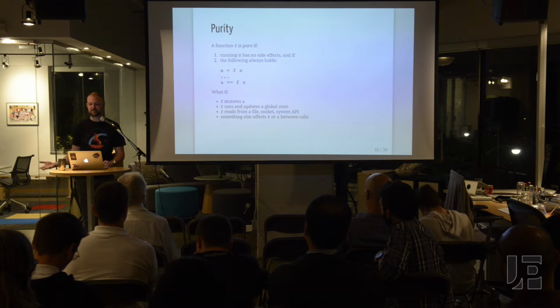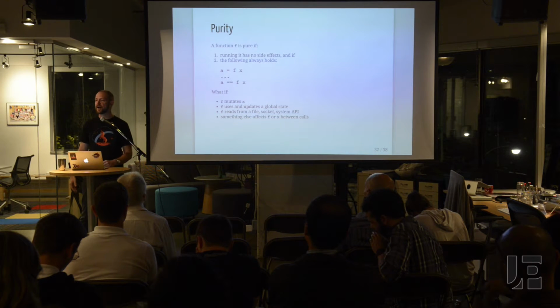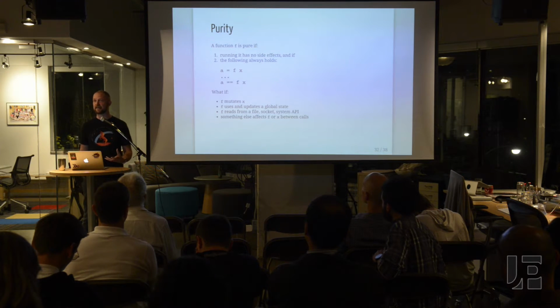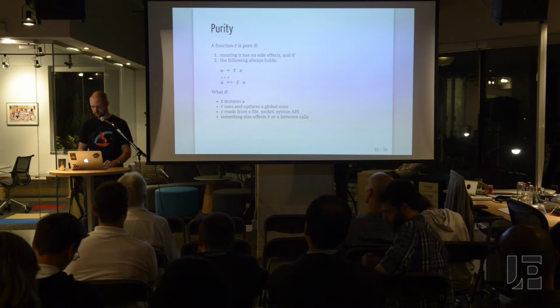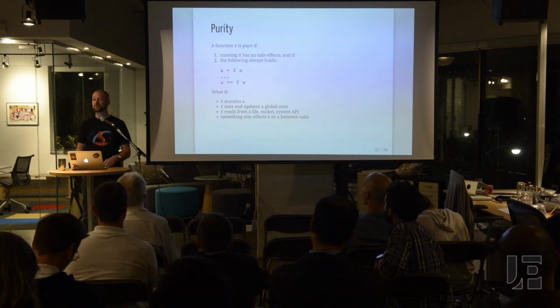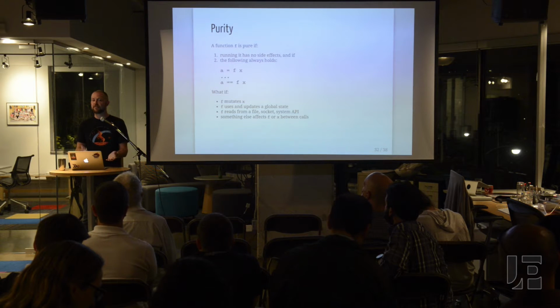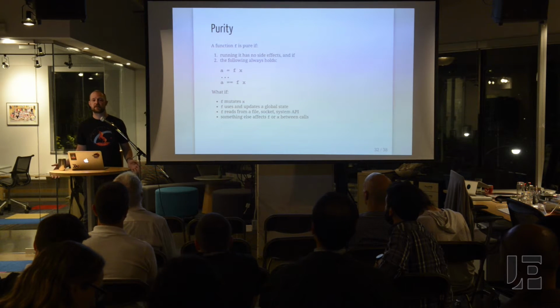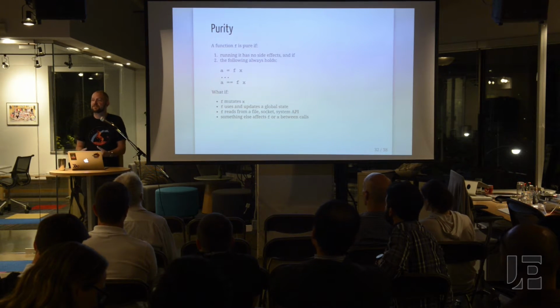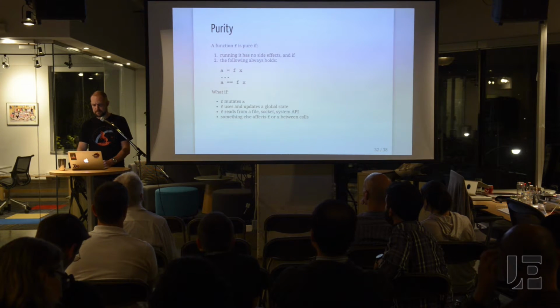Or if something else affects f or x between calls, I could have the same problem, where running it again gives me a different value. If none of those things ever happen, then I can reason very easily about my programming language, because I just look at my function and I know it's just a function of whatever went into it. If I give it the same parameters, I'm going to get the same result. That's all a function is, it's an operation on the inputs.